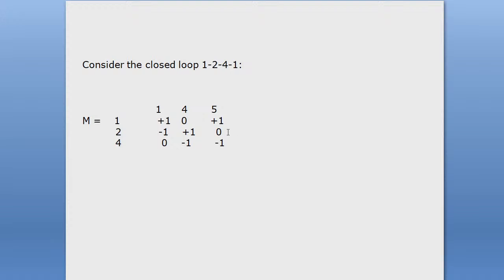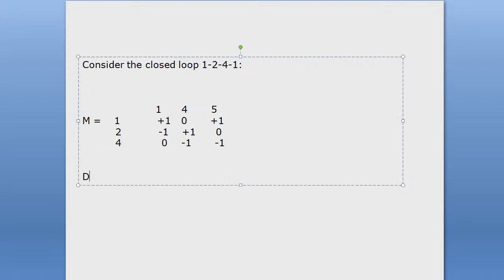The determinant of M is equal to: you write the first value 1 multiplied by this one, 1 cross minus 1, and this is 0.